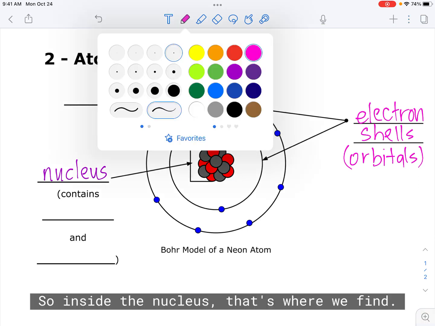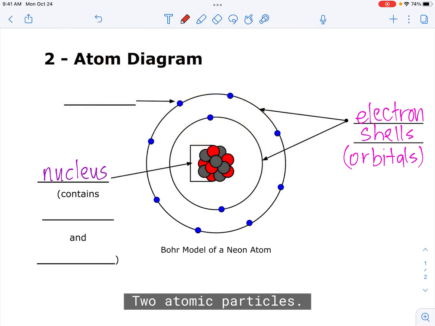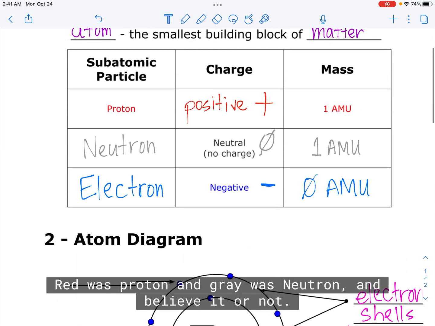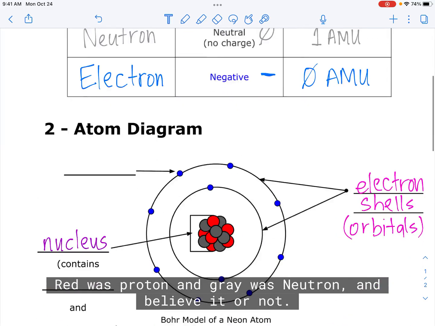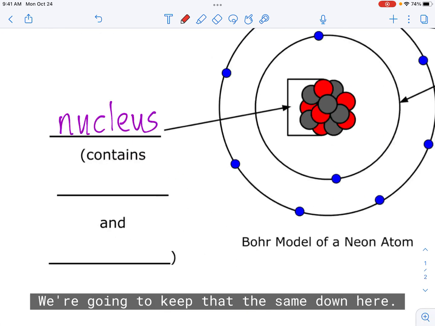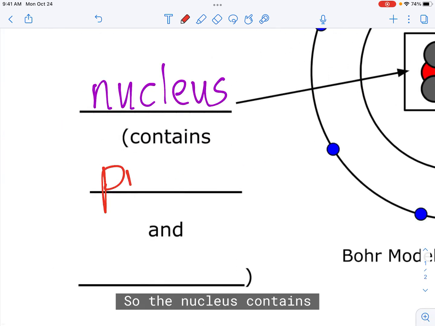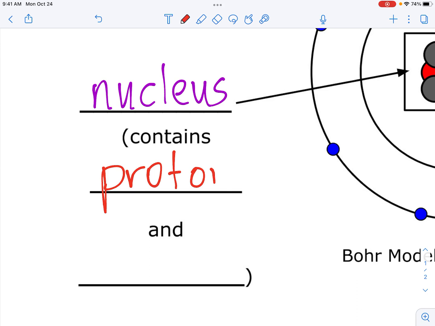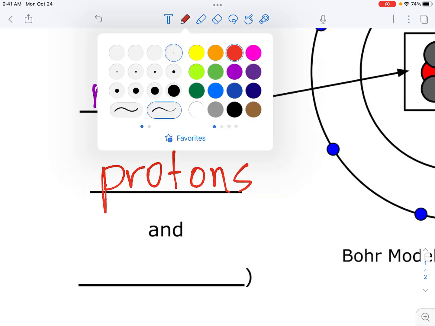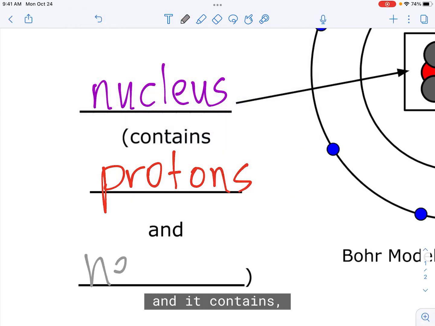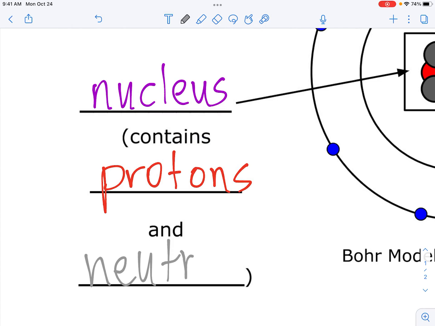So inside the nucleus, that's where we find two atomic particles. You can see red and gray. And if we look up here, red was proton and gray was neutron. And believe it or not, we're going to keep that the same down here. So the nucleus contains protons and it contains neutrons.